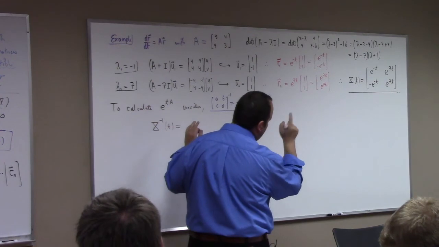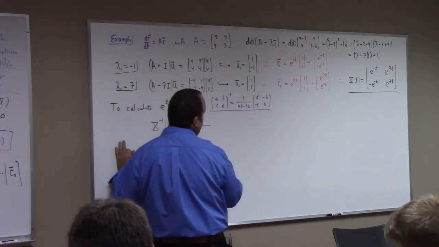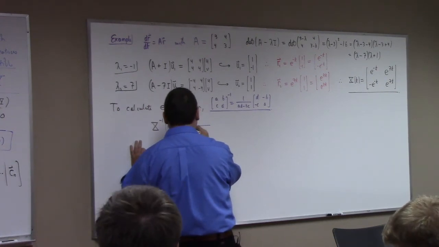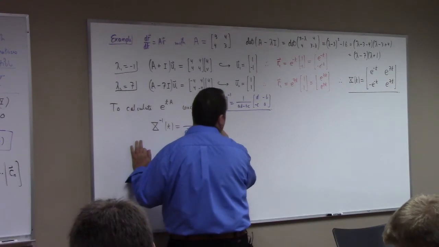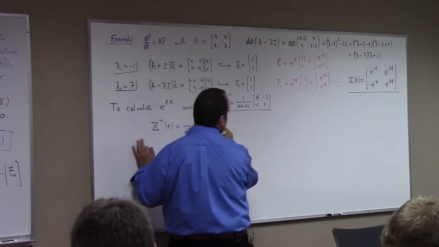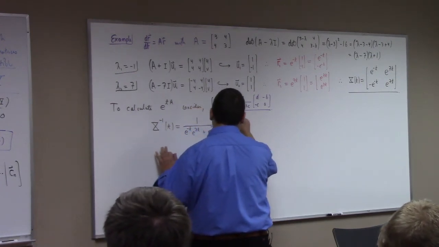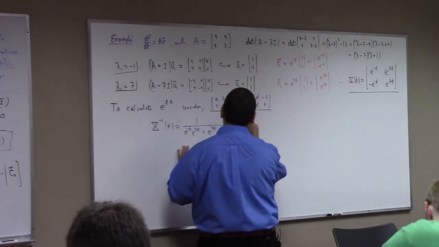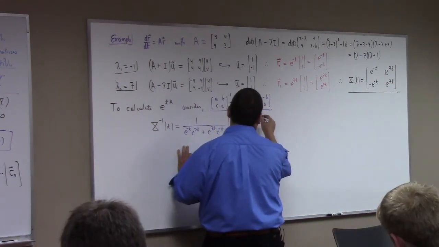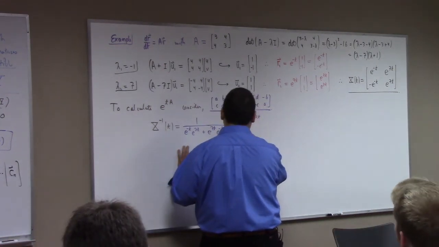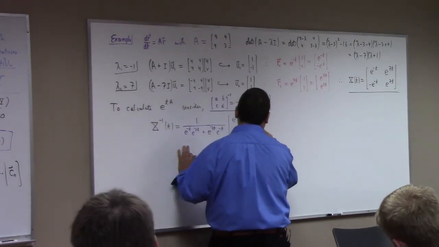but all right, so my A is e to the minus t, my D is e to the 7t. So when you look at that, we've got 1 over e to the minus t, e to the 7t, plus e to the 7t, e to the minus t. Minus and minus give me a plus, right? I flip the D and the A, which gives me e to the 7t, minus e to the 7t, e to the minus t, because minus minus is plus, and e to the minus t.